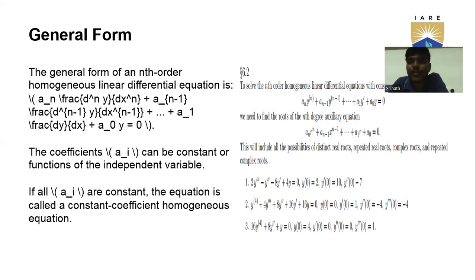This is the formula to find the roots of the nth degree. This will include all the possibilities of distinct real roots, repeated real roots, complex roots, and repeated complex roots. Use these formulas and find the real roots, repeated real roots, complex roots, and repeated complex roots.